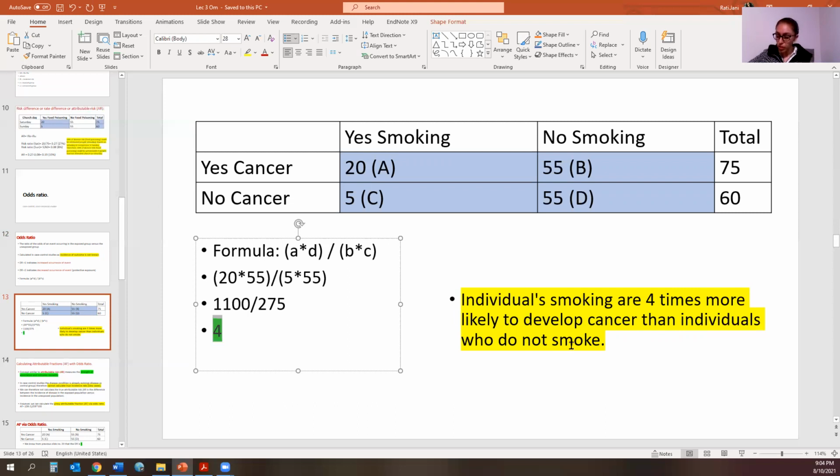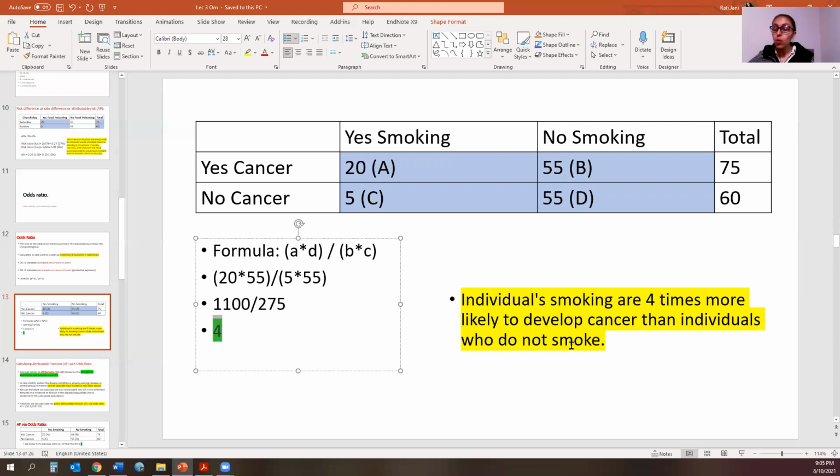There are research papers who also report it in this manner, which is individuals who smoke are 4 times more at odds of developing cancer than individuals who do not smoke. So they may use the term odds in writing the result statement. Just letting you know, this is how you would use it.